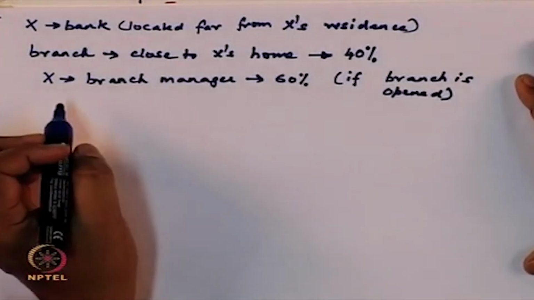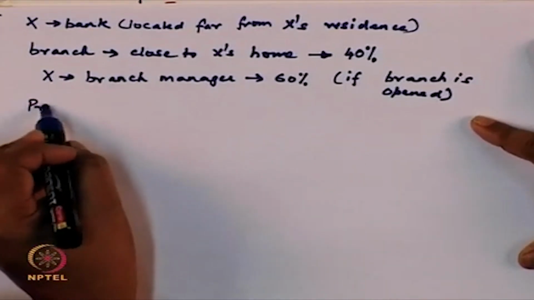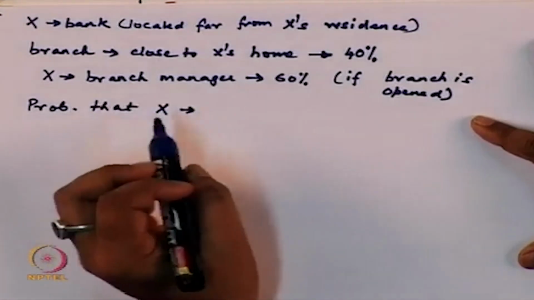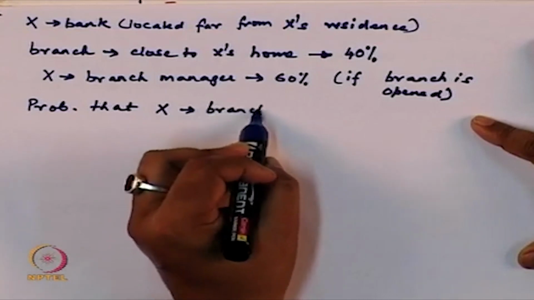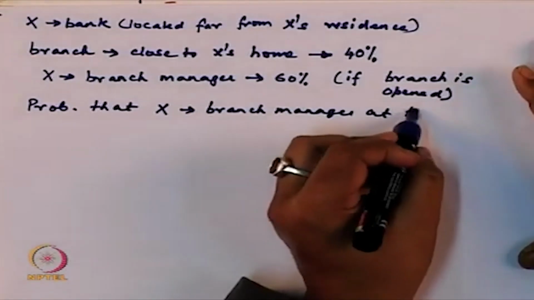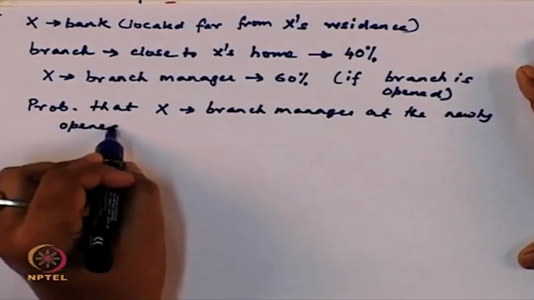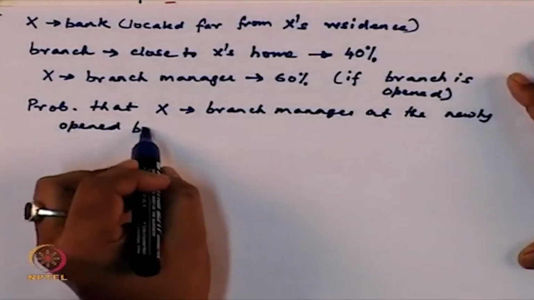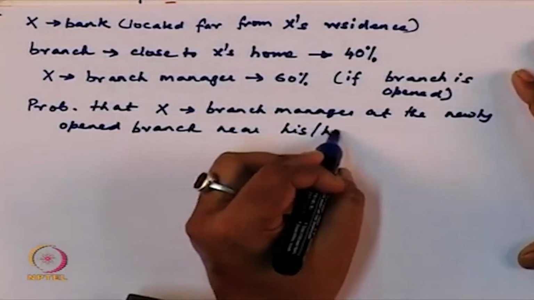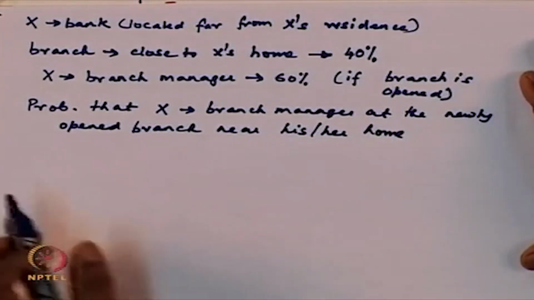So, I want to ask the question, what is the probability that X is branch manager at the newly opened branch near his or her home? I want to calculate this.